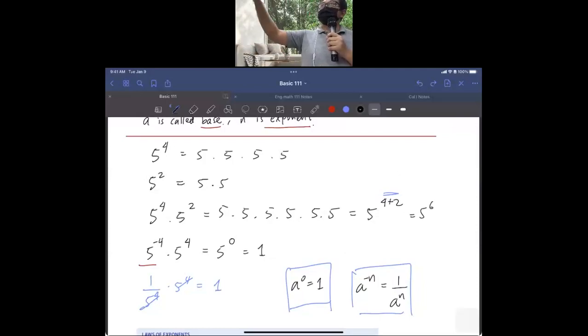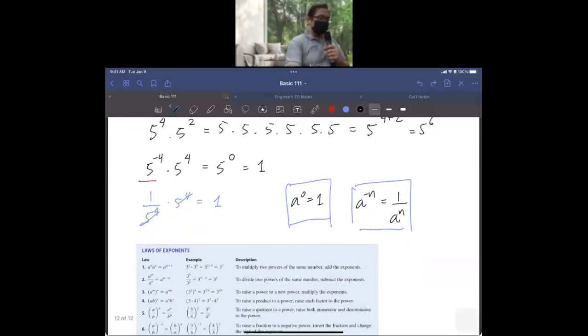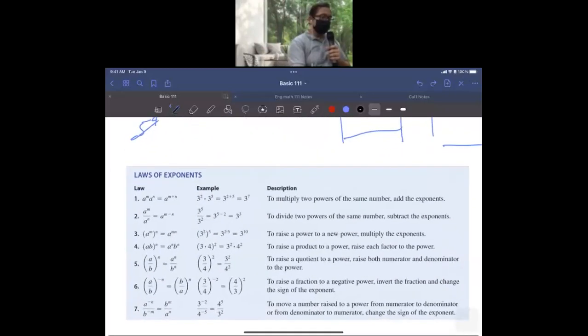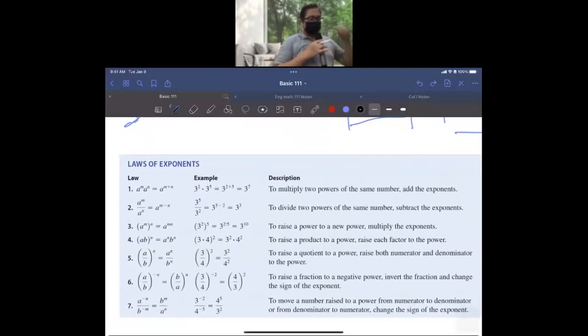For example, we have just 5, a very simple number. If you have 5 with n power, depends on the n. If it's an integer, it's easy to count, right? And this is just some example of the properties here.